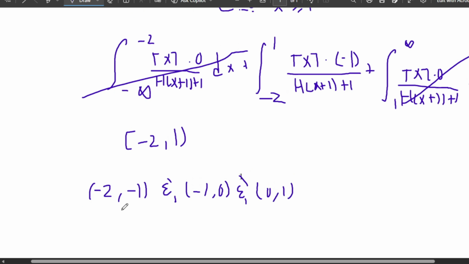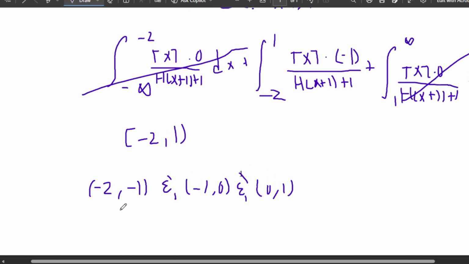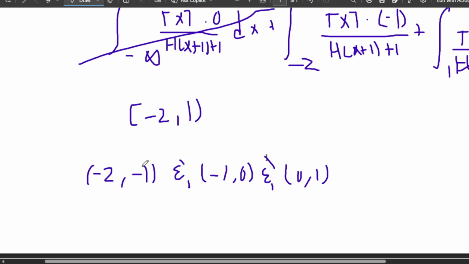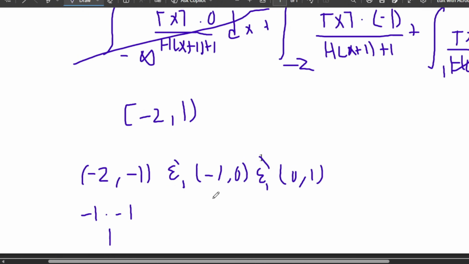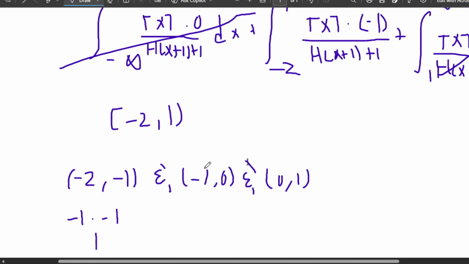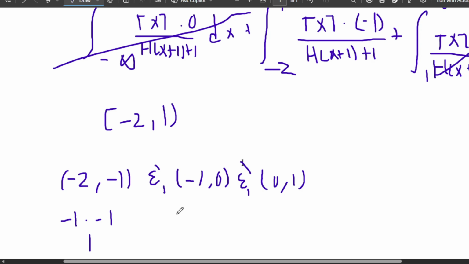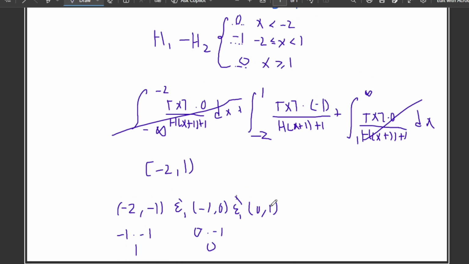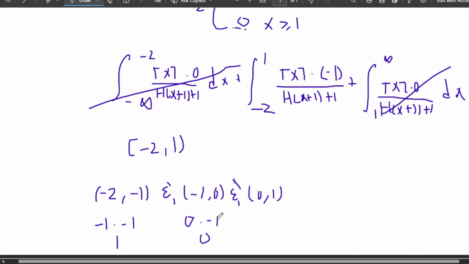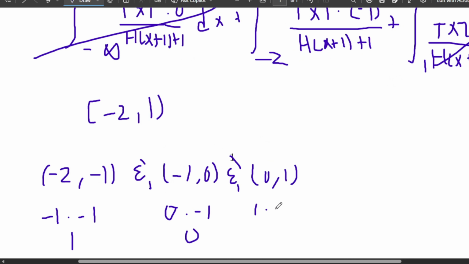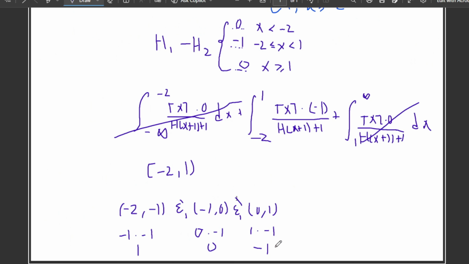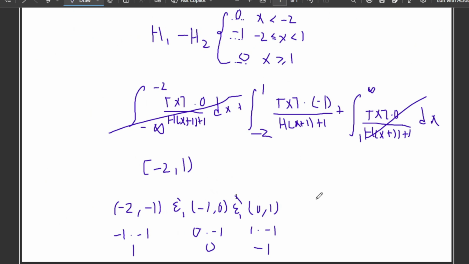When it's between negative 2 and negative 1, our ceiling will be negative 1, so negative 1 times negative 1 is 1. Between negative 1 and 0, our ceiling will be 0, so 0 times negative 1 is 0. For this one, our ceiling will be 1, so 1 times negative 1 is negative 1.